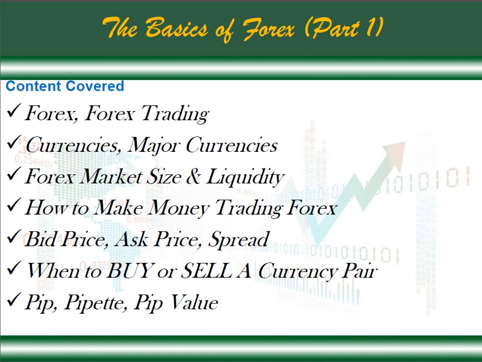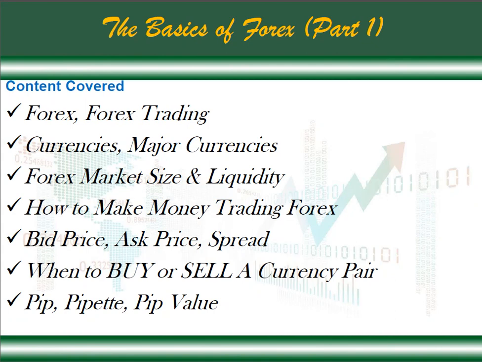Key terms to be covered here are Forex and Forex trading, currencies, major currencies, and I hope minor currencies too. We'll talk about the Forex market size and the market liquidity. We talk about how to make money trading Forex. There are terms such as bid price, ask price, and the spread. Then we'll talk about how to determine when to buy a currency pair or when to sell a currency pair, because that's how we make money.